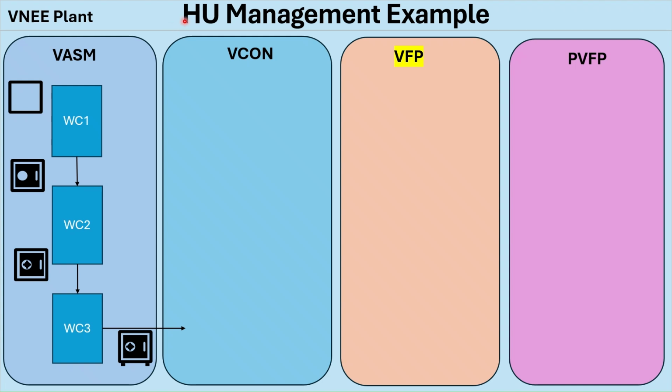As you can see, the whole slide presents plant VNEE, and it has 4 storage locations: assembly storage location, confirmed storage location, finished goods storage location, and partner finished goods storage location.